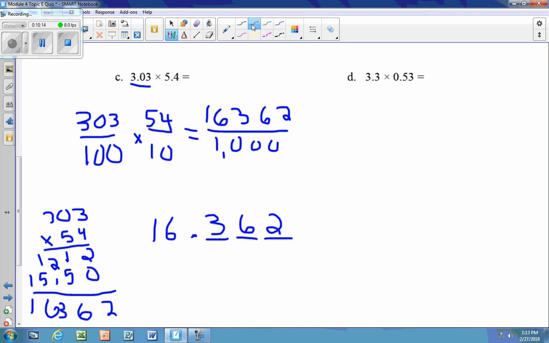And the last problem is 33 tenths times 53 hundredths. And again, we're going to go down here on the bottom, and we're going to multiply 33 times 53.